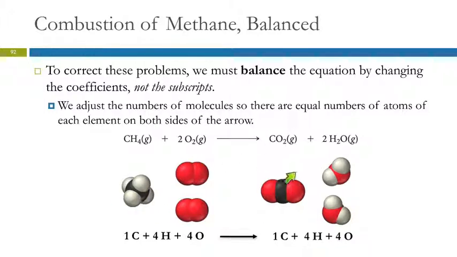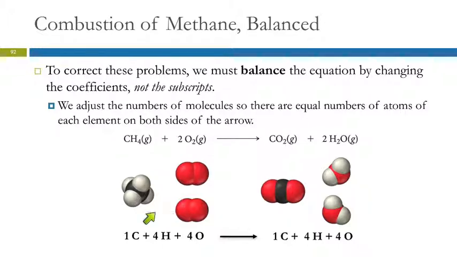There were 4 hydrogens here, and there were only 2 on this side. So let's give it 2 water molecules. Now we've got a total of 4 hydrogens and 4 hydrogens. So that's great. And let's look at the oxygen. The CO2 has 2 oxygens, and the 2 water molecules, another 2 oxygens. So now we have 4 oxygens on each side, and we have 1 carbon on each side.